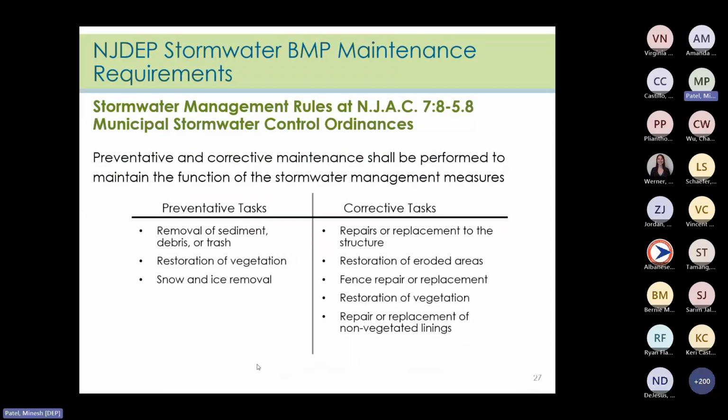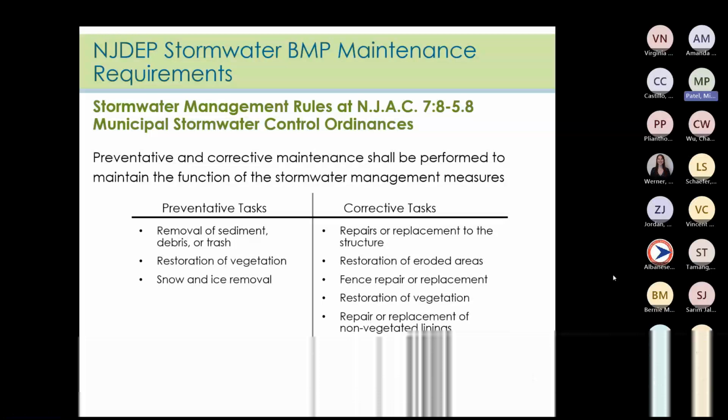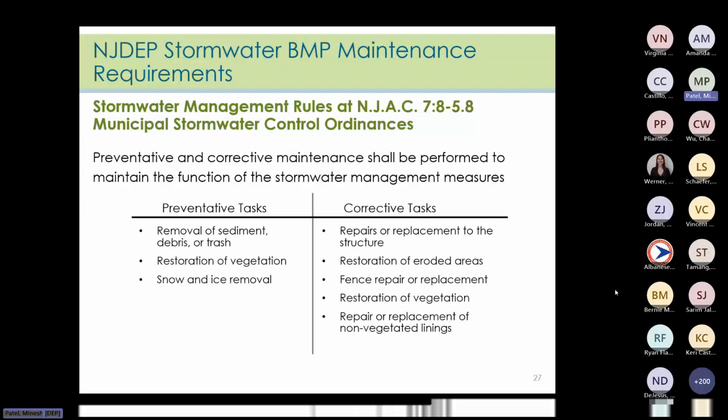The first type of maintenance is preventative, which is the regular tasks that keep a BMP functioning as it was intended to be. This can involve quarterly inspections, grass cutting wherever it's appropriate, trash clearing, replacing vegetation that's failing to thrive, and even snow removal.